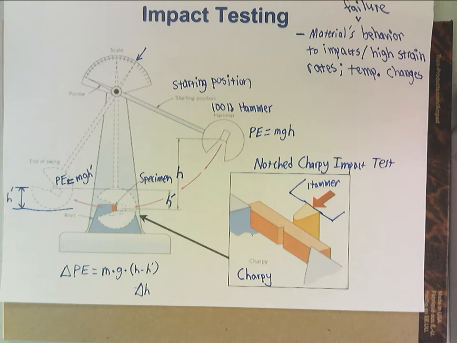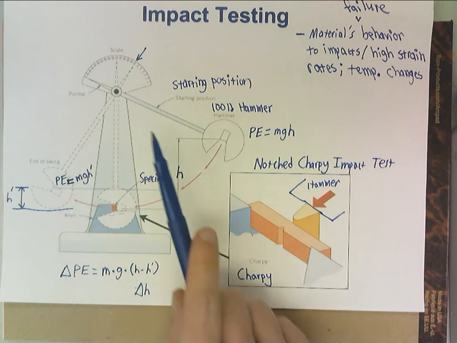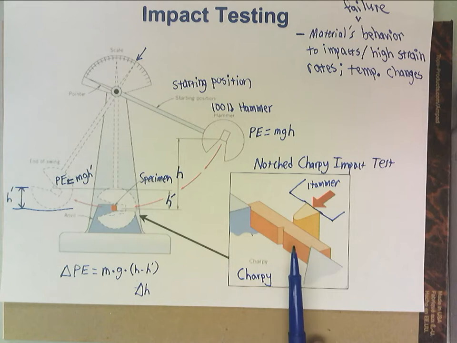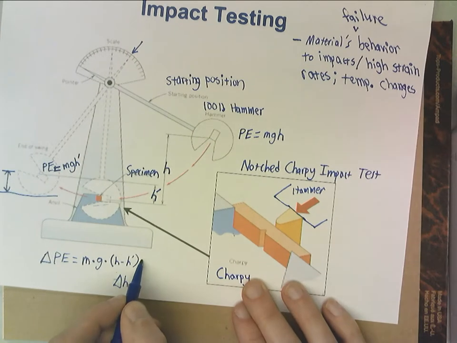That energy difference, where did the energy go? Sure, a little bit went into air resistance, a little bit went into the friction of the bearing up here. The vast majority of your energy goes into breaking this specimen. So what are we really doing?